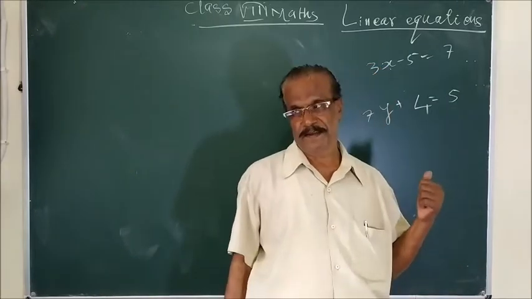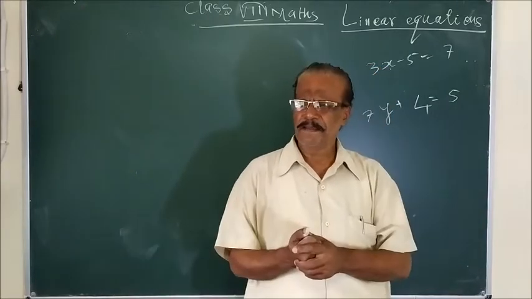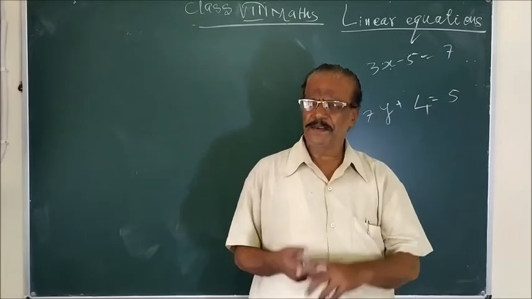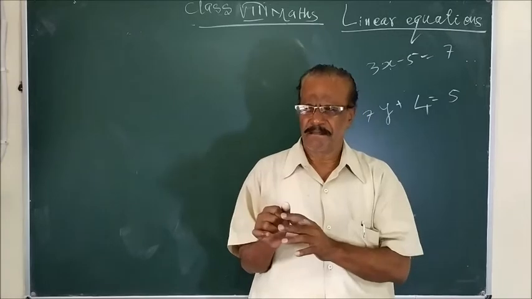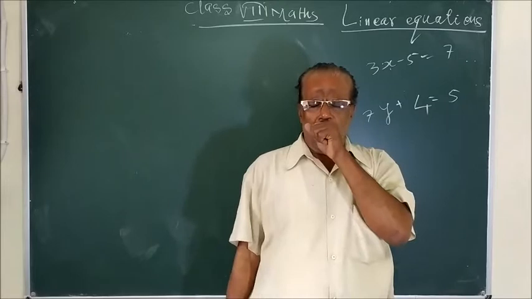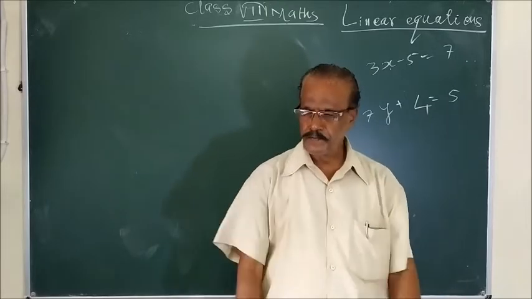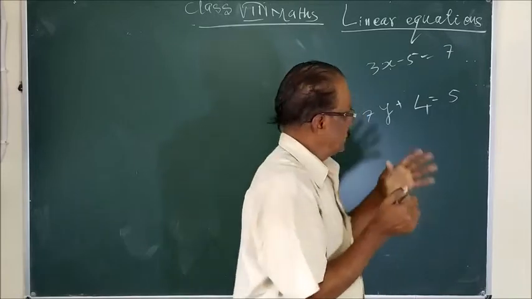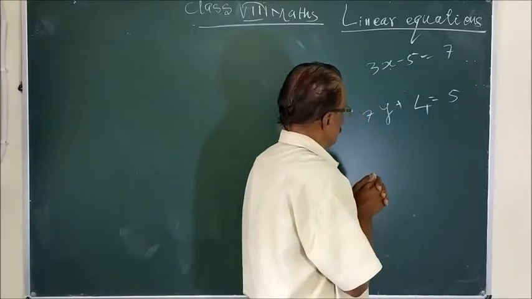Here, if we say this is equal to 5, that becomes the equation. तो इक्वेशन का मतलब हुआ कि any algebraic expression which equals something. This is a condition. तो इक्वेशन का मतलब समझ गए.